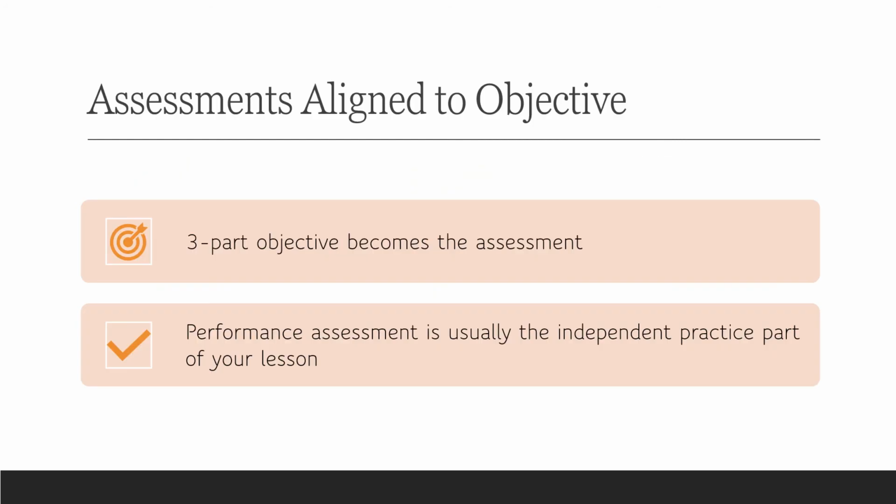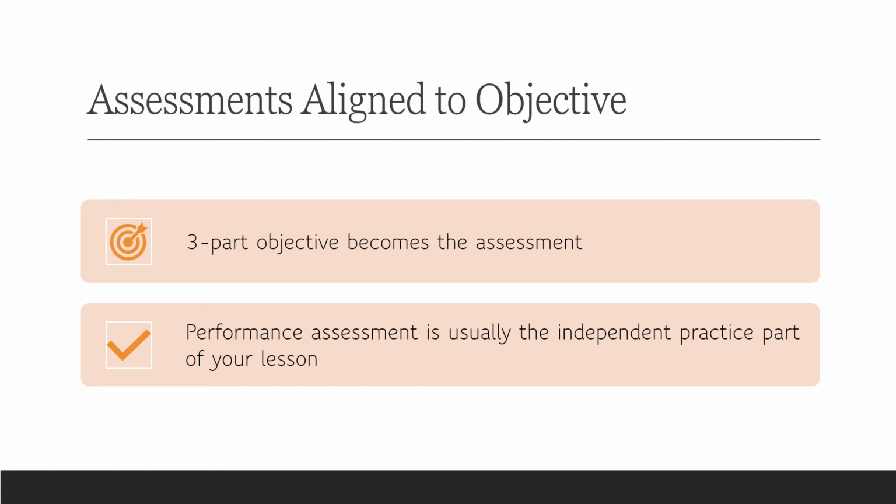Now, why is this so important and so cool? Well, because now if you write it in this 3-part format, your assessment is done. Your 3-part objective becomes the assessment. It tells you exactly what the students have to do in order to meet the objective. And a performance assessment is usually the independent practice part of your lesson. So typically you've modeled for the students, then you've practiced it with them, and then they're going to try to do it on their own.